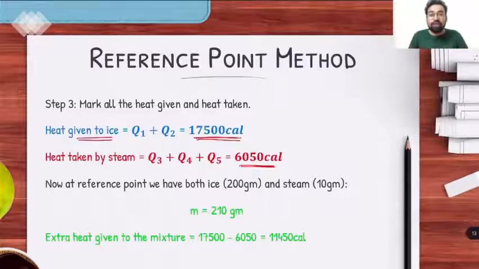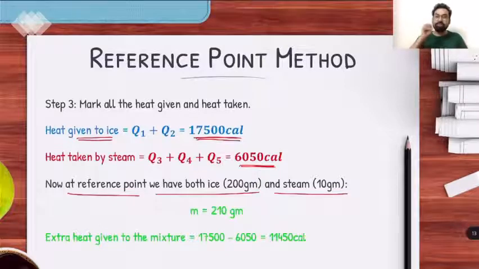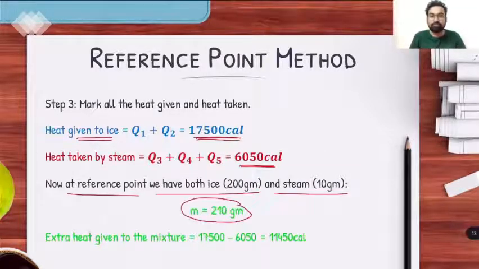But what now we have is that at the reference point, we have both ice and steam. If we take heat from steam, if we give some heat to ice, everything has come to the reference point and we have a total mass of 210 grams, right? And just try to see how much heat you gave and how much heat you took. You gave 17,500 calories to ice to get it to the reference point, while you only took 6,050 from steam.